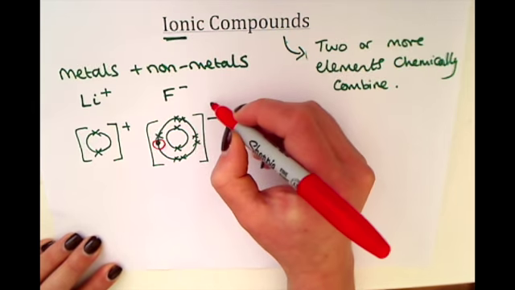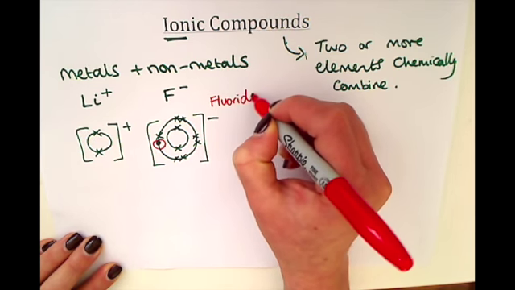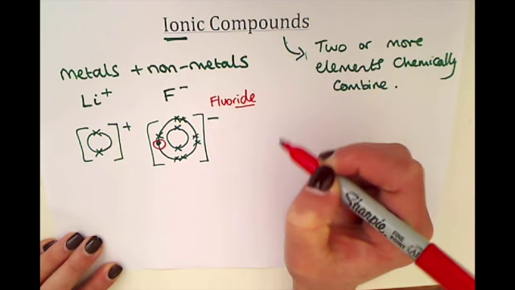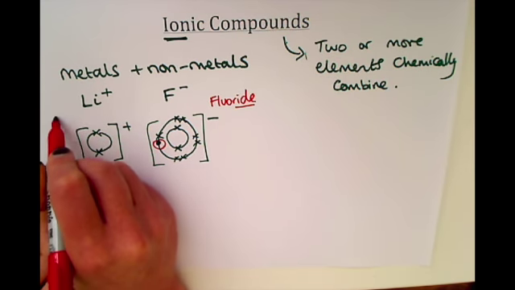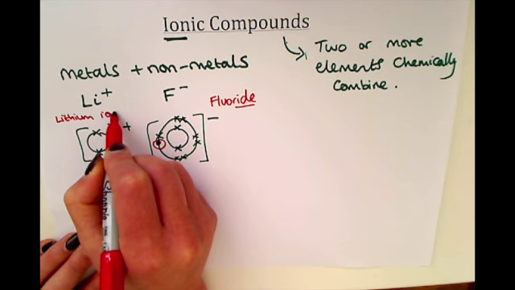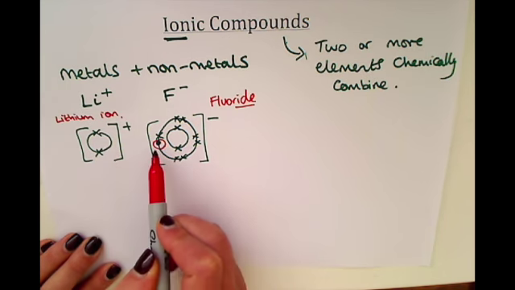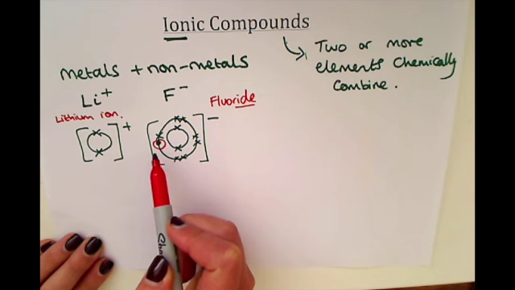Often ions have the ending "ide", so this is a fluoride ion, whereas we say this is just a lithium ion. So the electron from the lithium has been transferred to the fluoride ion.